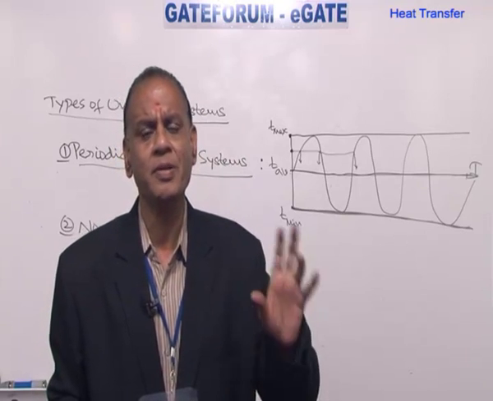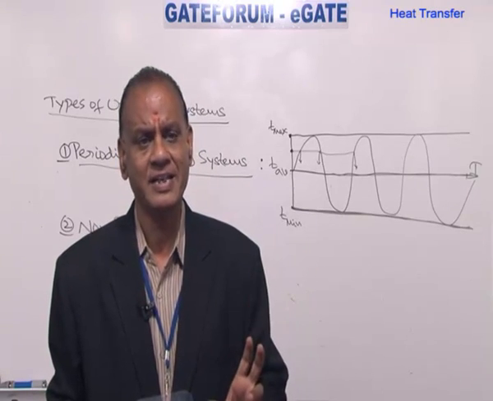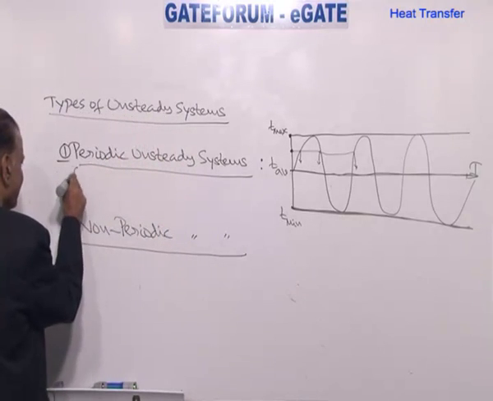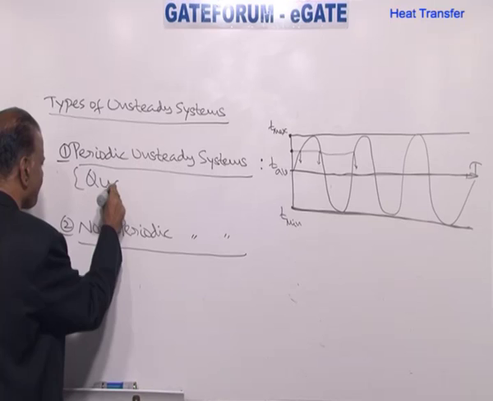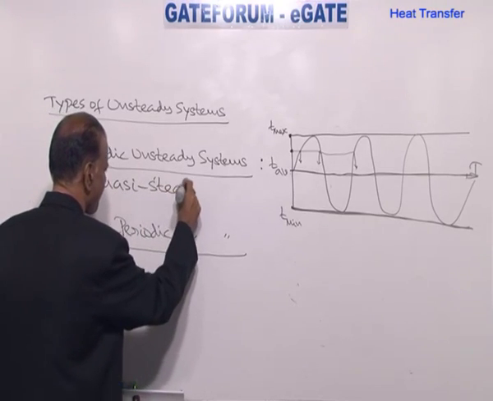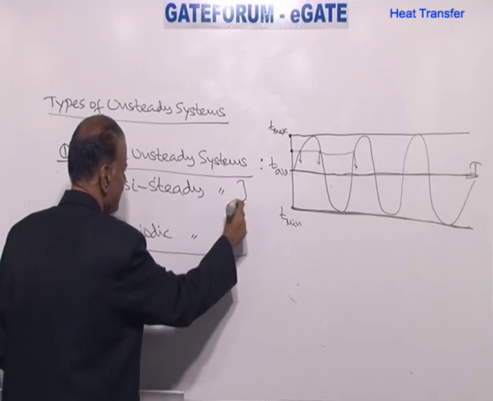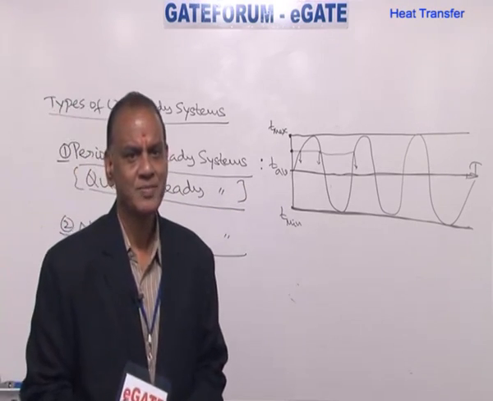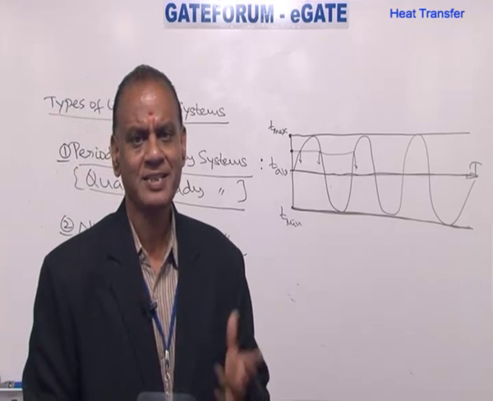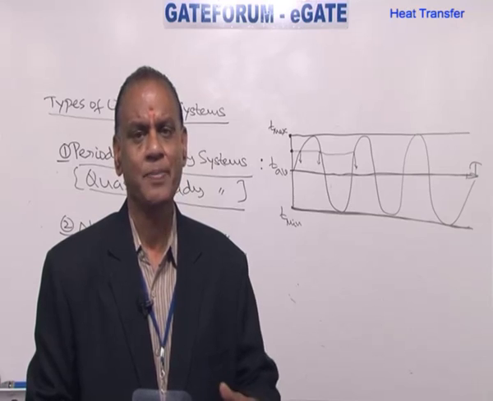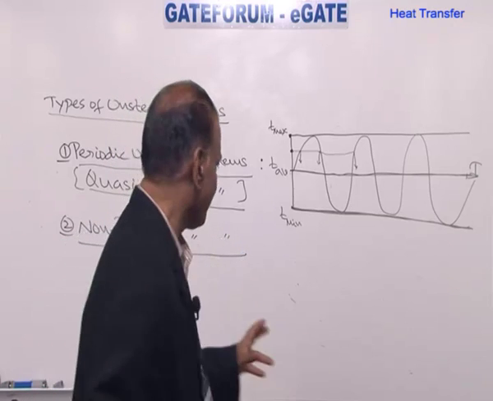Since there is something certain between temperature and time, periodic unsteady systems are also called quasi-steady systems. Quasi means almost, very close to. So there is something definite about the temperature and time.